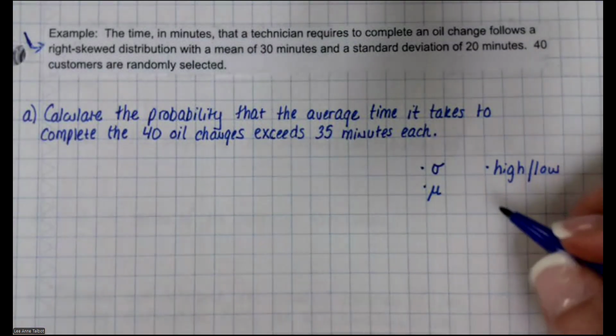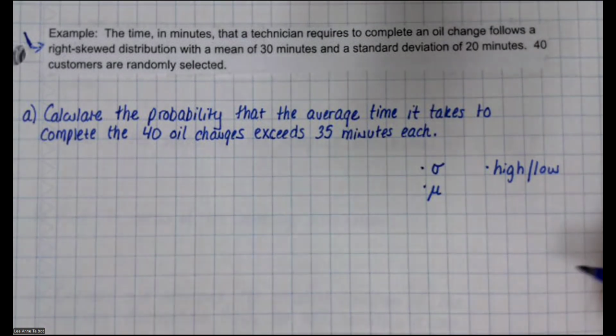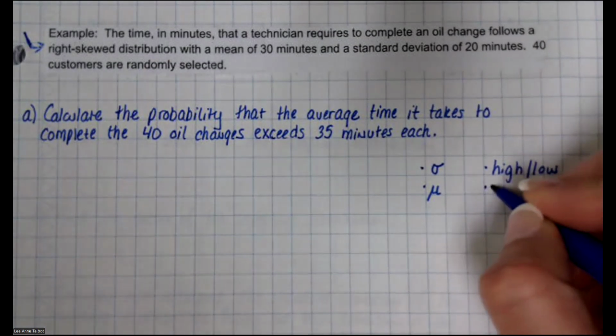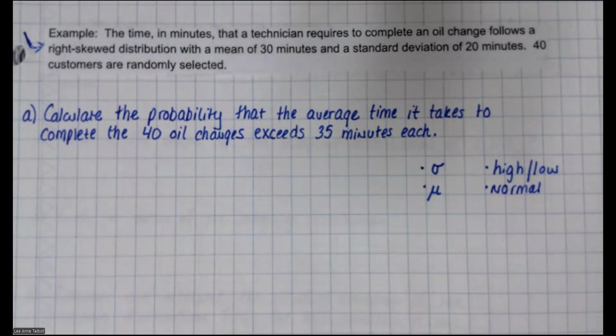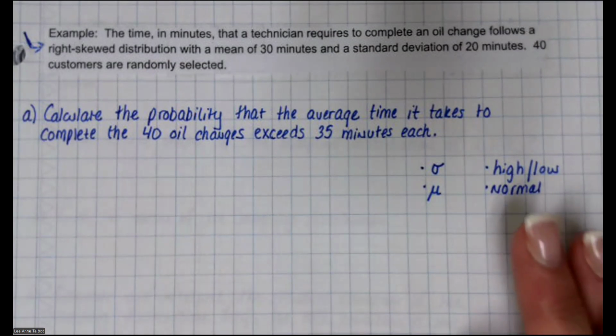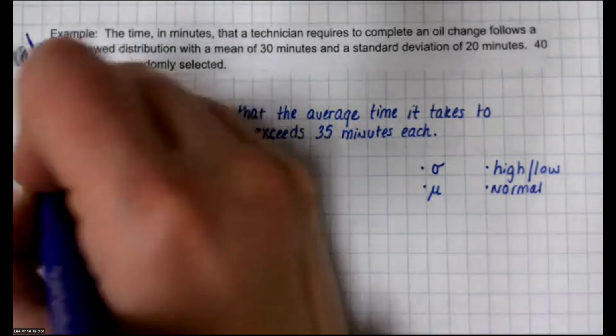Yeah, I need it to be normal. I can't use normal CDF on a right skewed distribution. So we need all of this stuff to be able to do normal CDF. I think we start with the shape being normal. So shape.